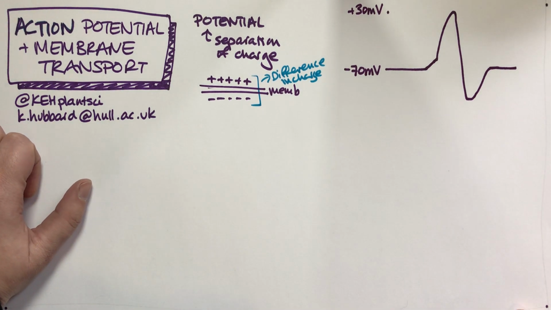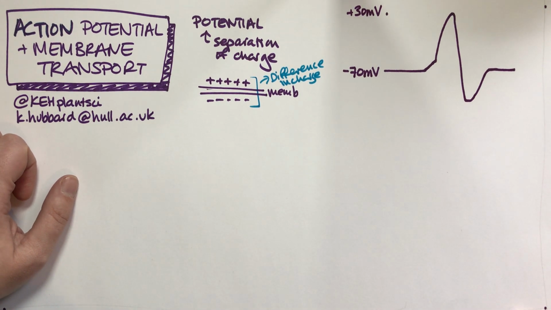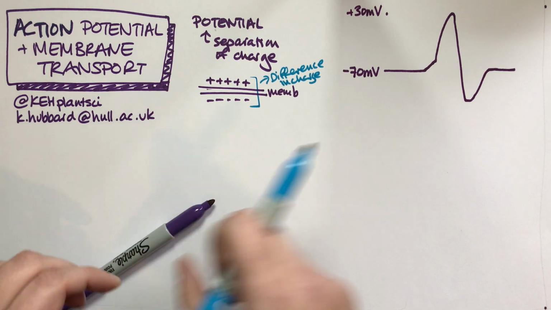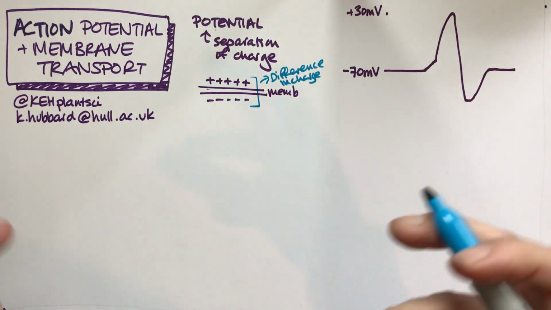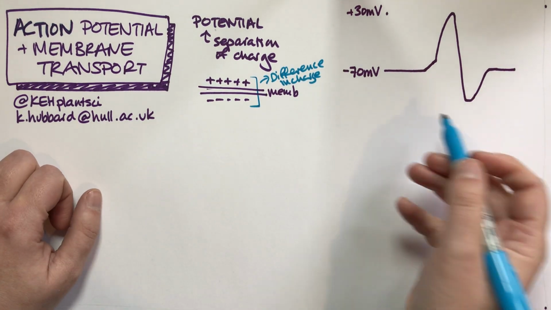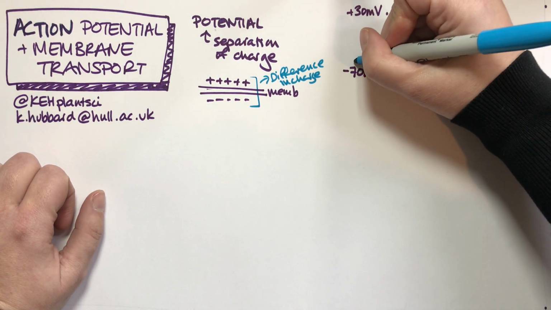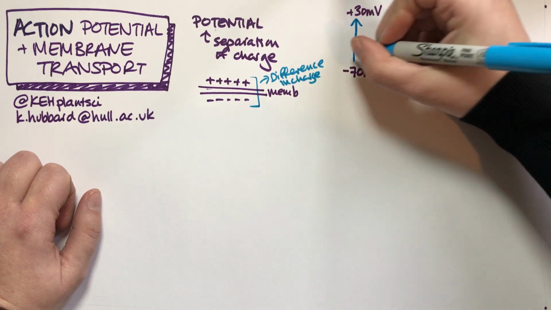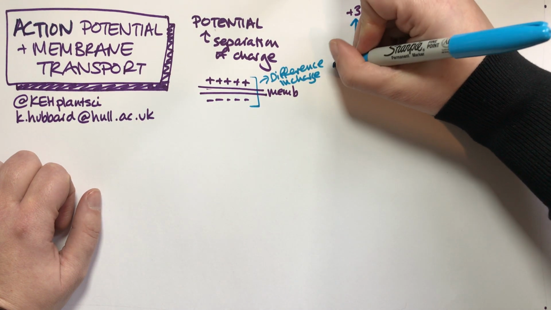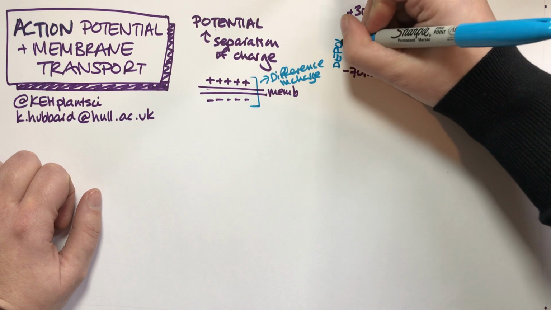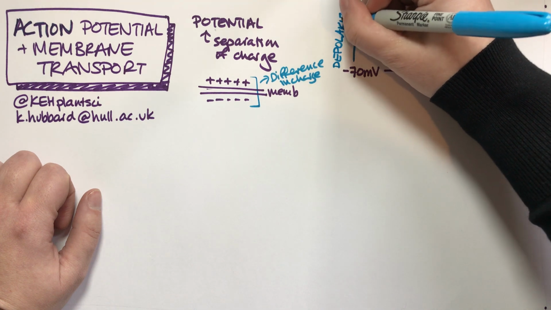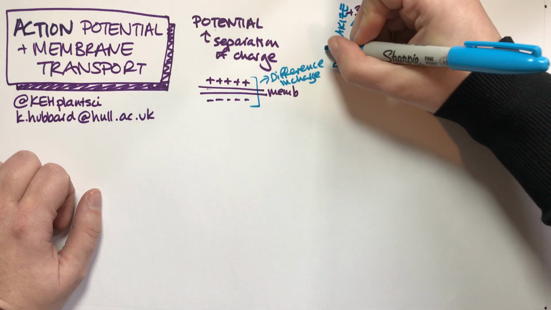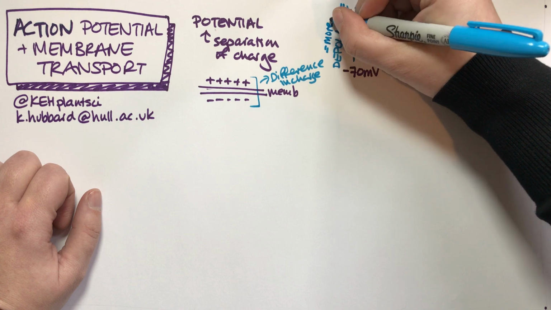Okay, and there are important words in what is called electrophysiology. If we're thinking about potentials, anything where we're going more positive, we call depolarization. So that's to become more positive.